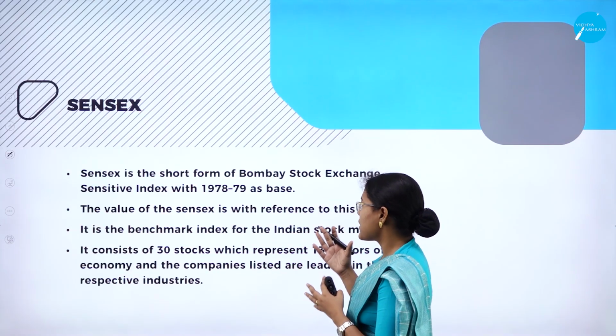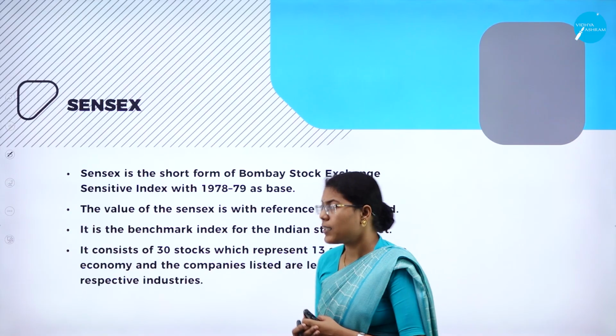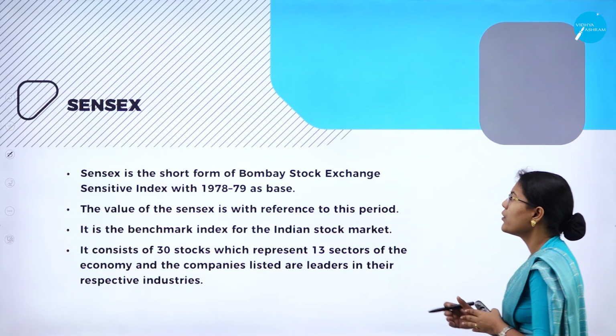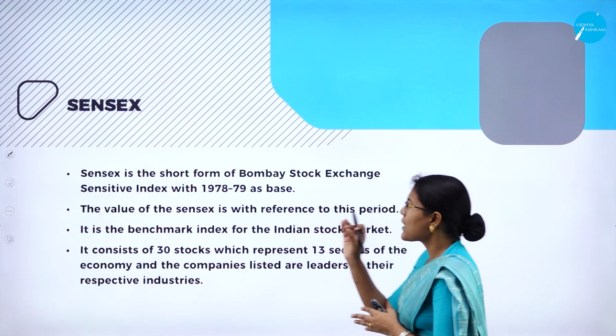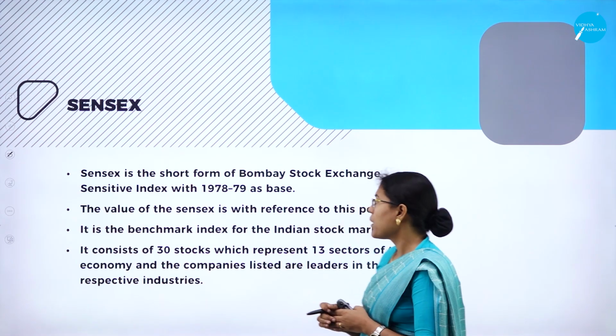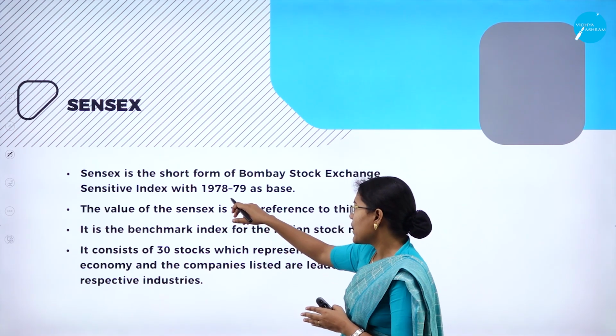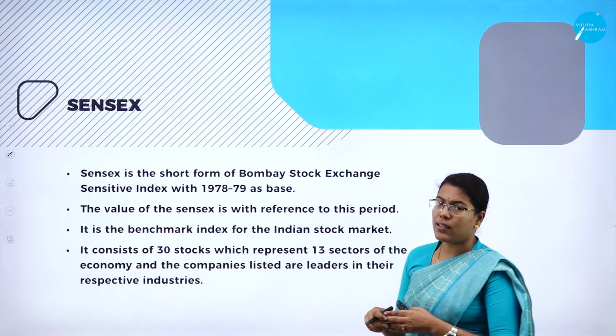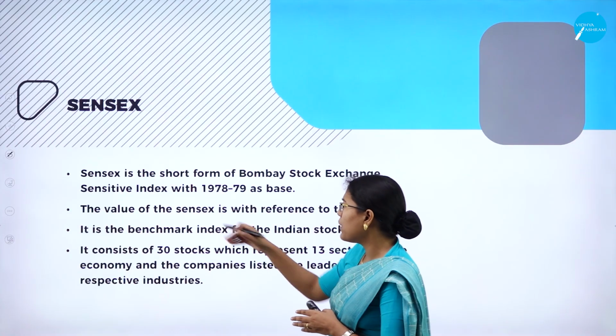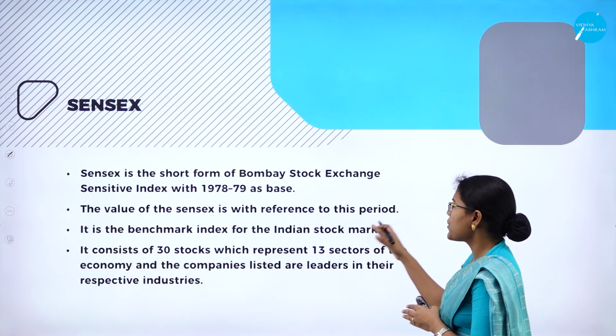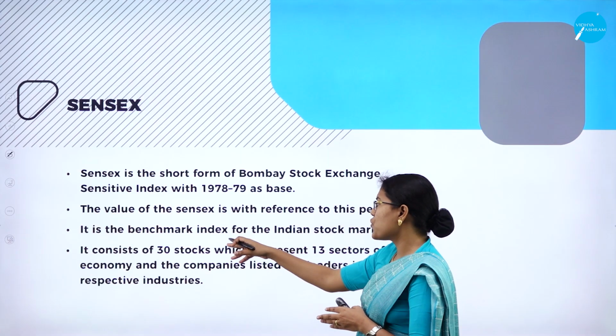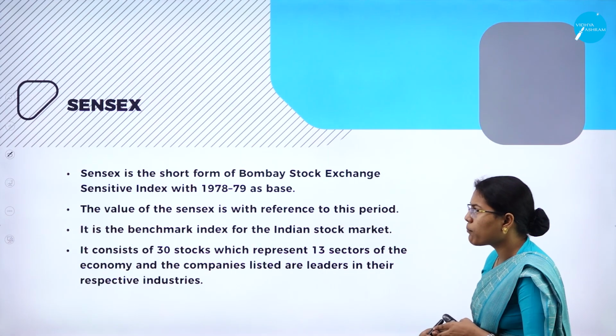Then we have the Sensex. Sensex is the short form of the Bombay Stock Exchange Sensitive Index, with 1978-79 as the base year. The value of the Sensex is with reference to this period, and it is the benchmark index for the Indian stock market.